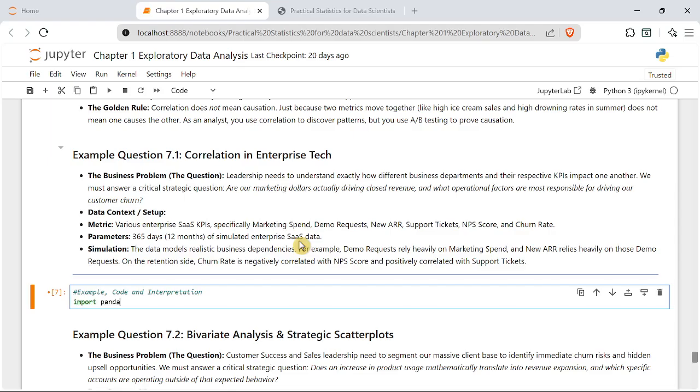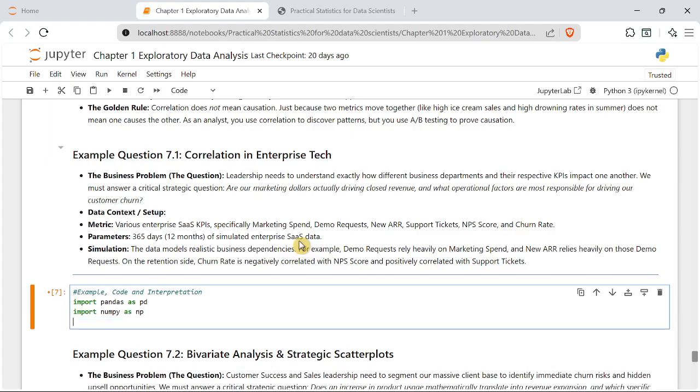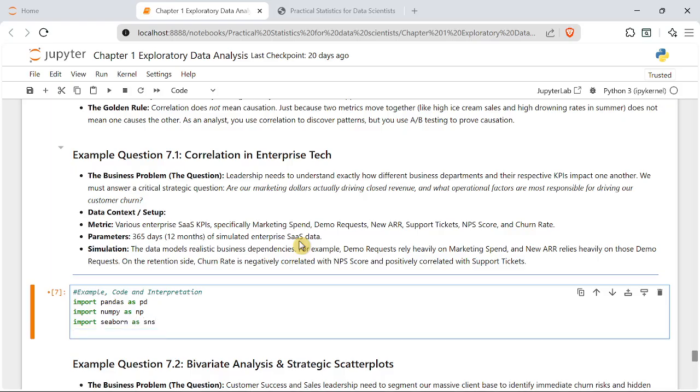Import pandas as pd. Import numpy as np. Import seaborn as sns. Import matplotlib.pyplot as plt.